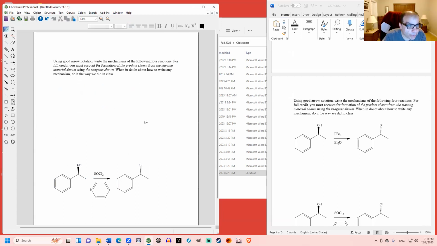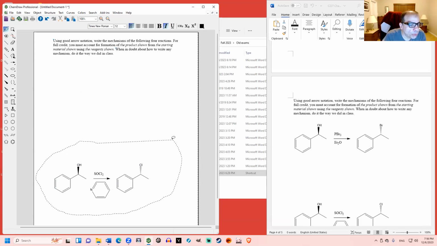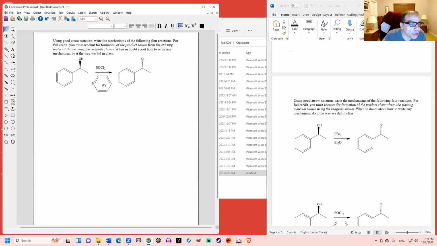And we're going to find the very same thing happens with the next reaction. Here we're treating the same alcohol with thionyl chloride in pyridine in order to give the alkyl chloride, which is again inverted. And that's because there's again an SN2 reaction.